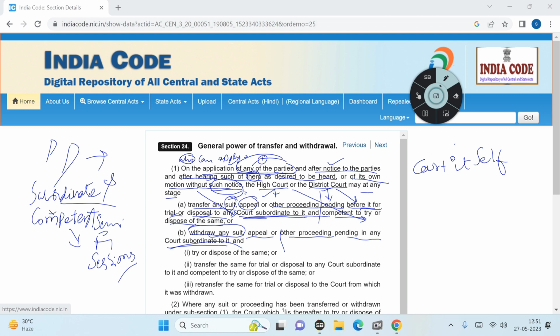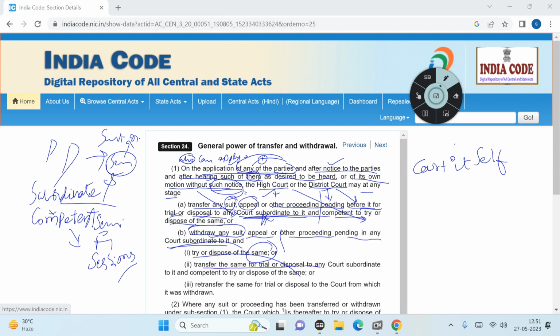That is another power. The third power is to try or dispose of the same. That means the high court or district court can itself try, or itself dispose of the same. What is the same? Same means which is pending before the subordinate court. Suppose one suit is pending in the senior civil judge court. Any district court can withdraw the suit from the senior civil judge and try it itself. In the same way, the high court.